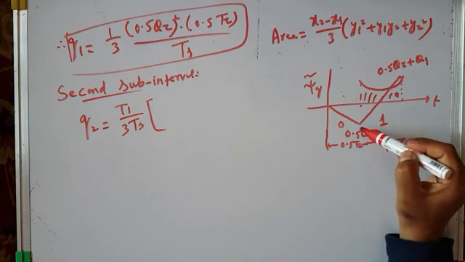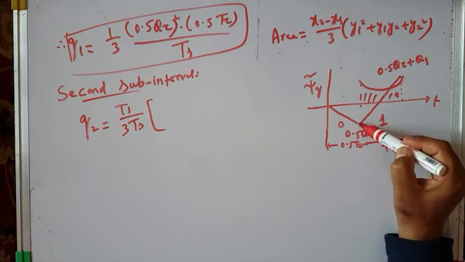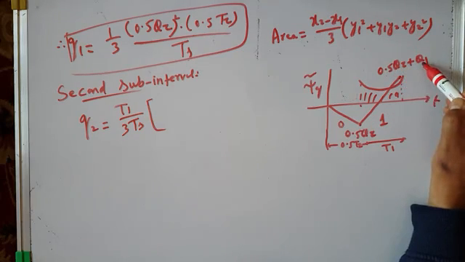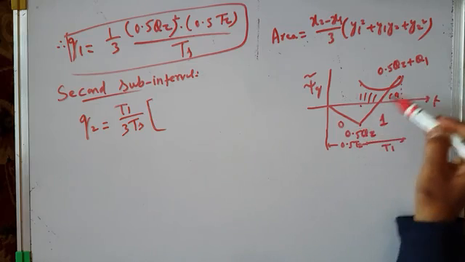Now it has two parameters. Its minimum value is 0.5 qz and its maximum value is 0.5 qz plus Q1. So this is y1 and this is y2.